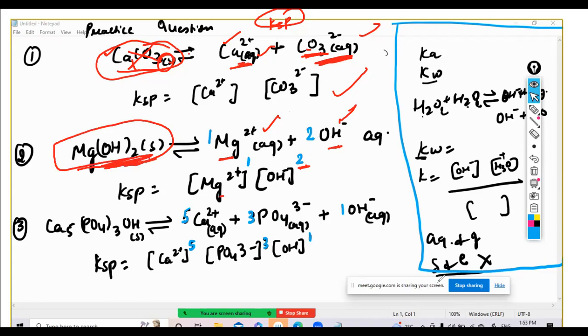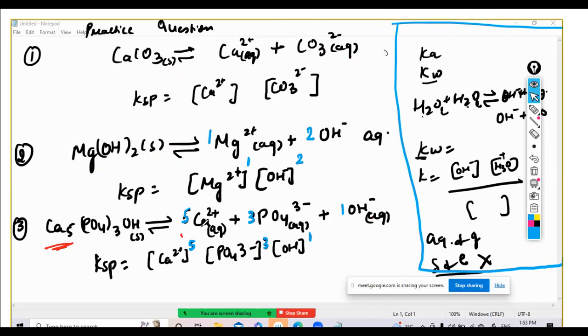Now moving on, let's do the next one. Ca5(PO4)3OH. This will dissociate into Ca2+, PO4 3-, and hydroxide ion. If you check, calcium is 5 on this side, so I have to put 5 on this side to balance the calcium on both sides.